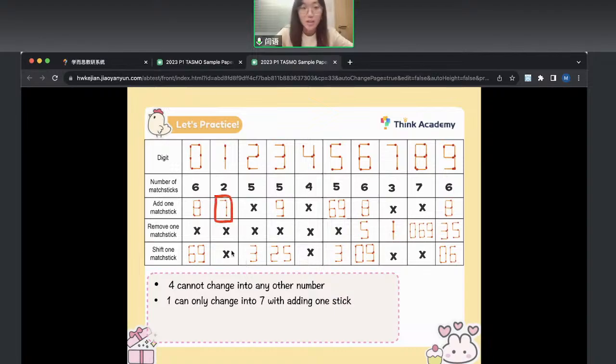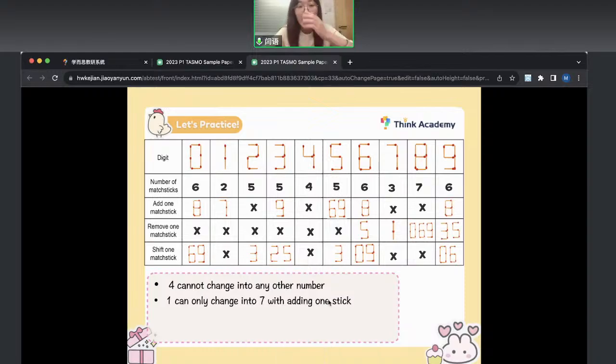Can we just remove one matchstick? Cannot. Can we just shift one matchstick? Also cannot, because we only use 2 matchsticks to form digit 1. Understand?